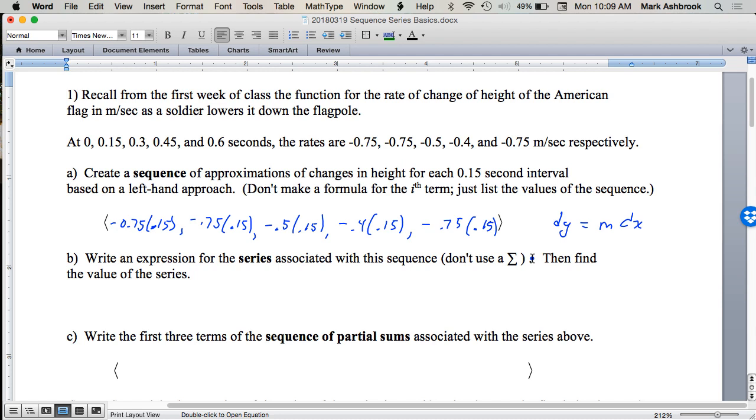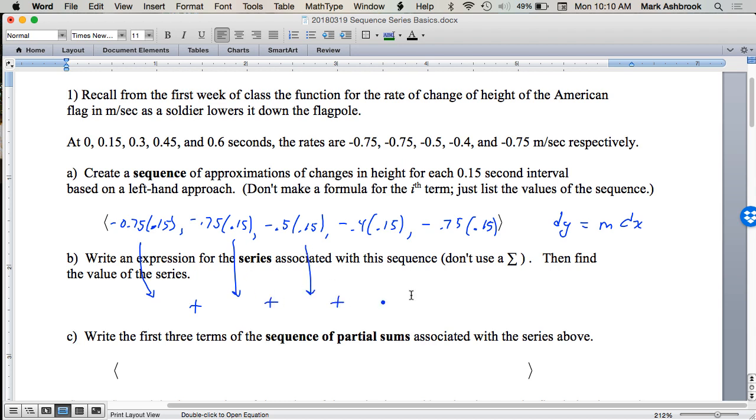Okay? Expression for the series. So what's the associated series? How do I express the associated series for this sequence? Add them up. Someone said add them up. That's the best answer I've heard all day. So it's going to be that plus that plus that.